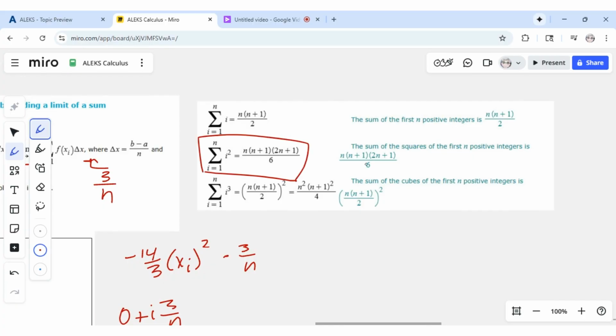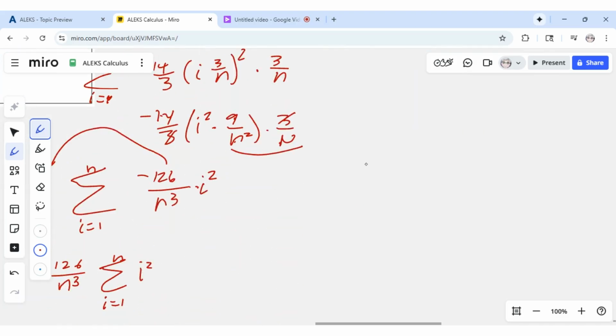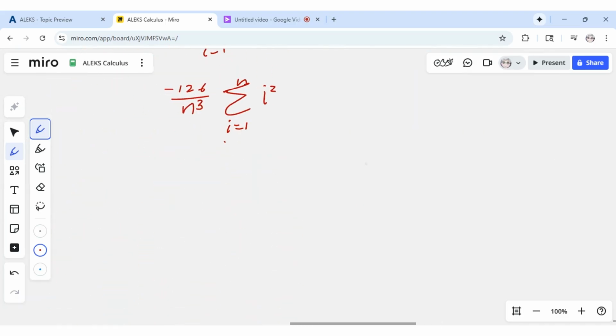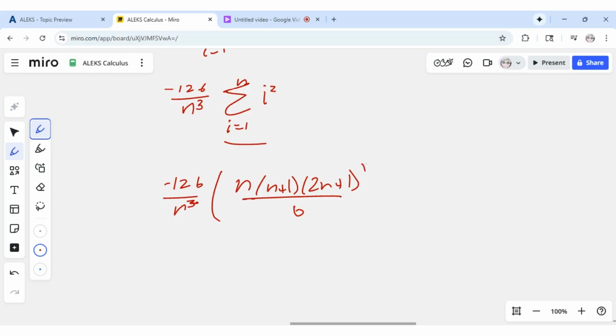So this is what that sum of the i squared is going to change into. So this part right here, I still have my negative 126 over n cubed, but this is going to be multiplied by that expression n times n plus 1 times 2n plus 1 all over 6.